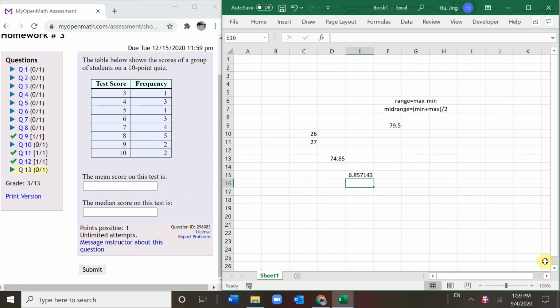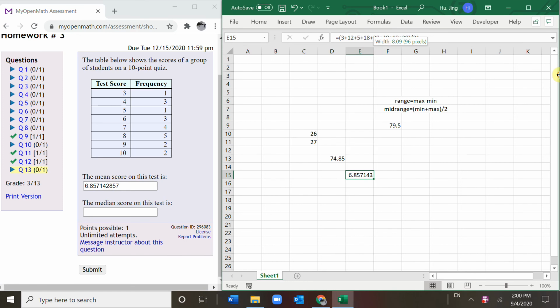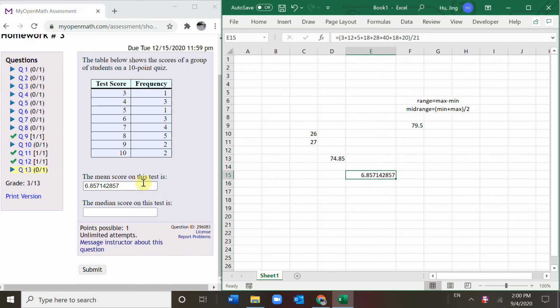You can just copy everything here. And as I say, you could make it bigger, then you can see all the numbers. And the median equals median. You just use Excel. Then you have 1, 3, right? You have 3, 4.